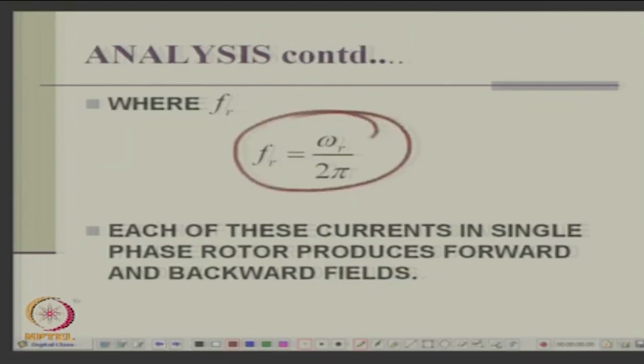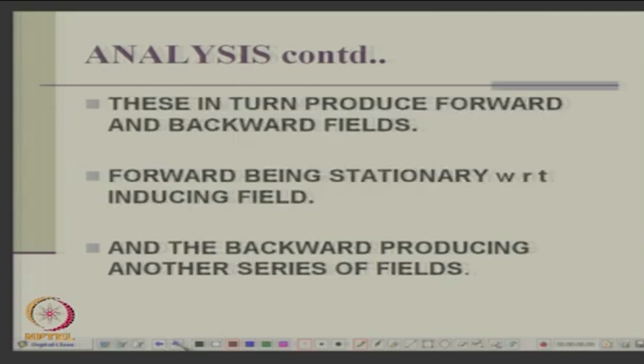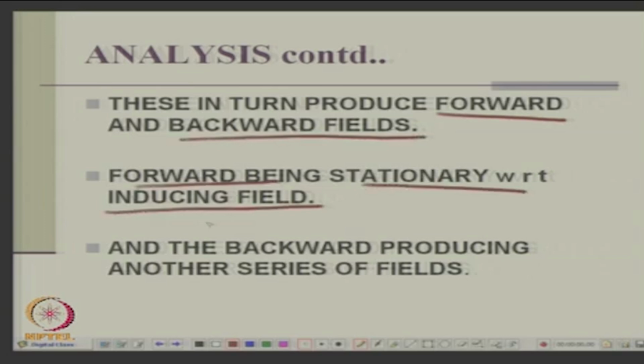Fr of course is the electrical speed. They will go on to produce forward and backward fields. The forward field will be stationary with reference to the inducing field, so it does not produce anything. When something is stationary, it will not induce anything. Only the backward one will go on creating a chain reaction.